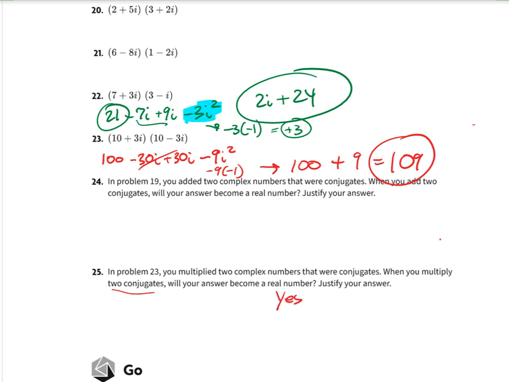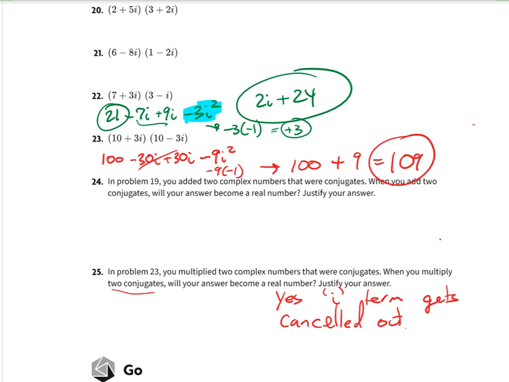The answer is yes. The i term gets canceled out. In a lot of cases, as I mentioned, that's the reason why you'd multiply by the conjugate, is to get rid of that i term, or to make it a real number.